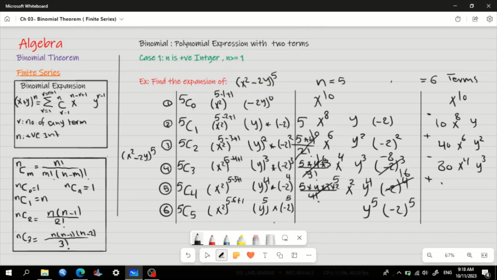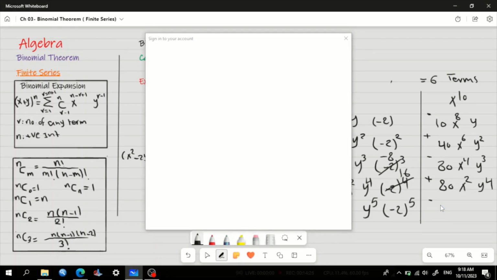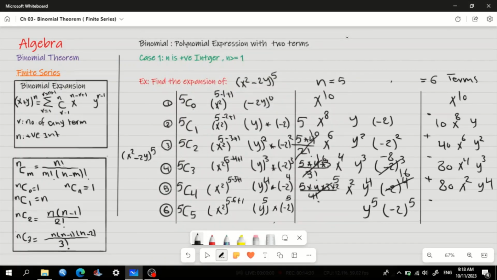So here we have plus 80 x squared y power 4, and here the last term is negative 2 power 5. So we have here, sorry, so we have here negative 32 x power 0. So we have here y power 5.